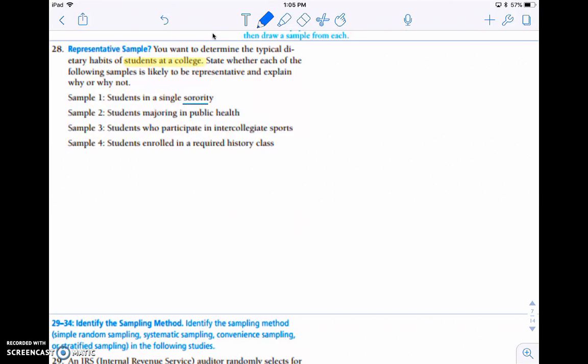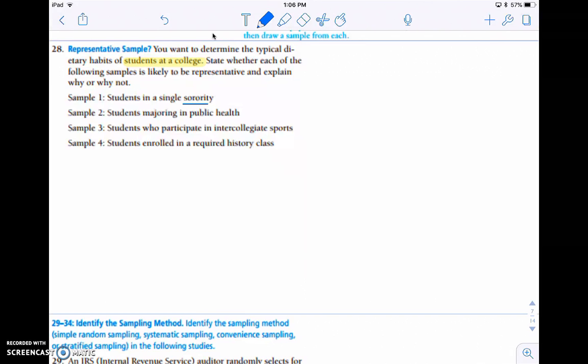Is this representative of the entire college? Not so much, because not every student is in a sorority. So we're instantly cutting out all the people who are not in a sorority, so we could have some bias here, where we get a particular group of people and we leave out others. So sample one is not going to be a good example, because not everyone participates in a sorority.